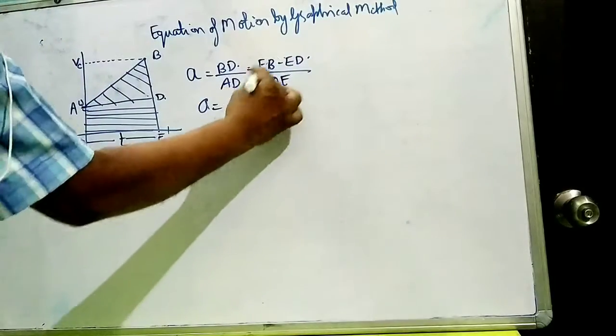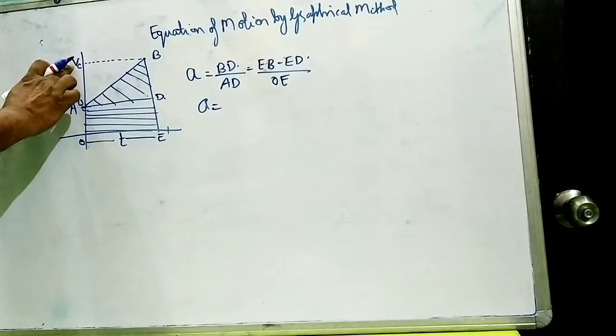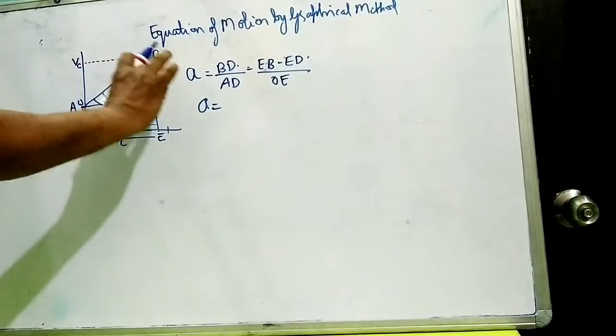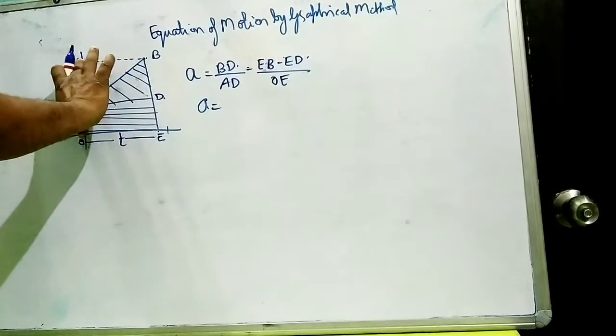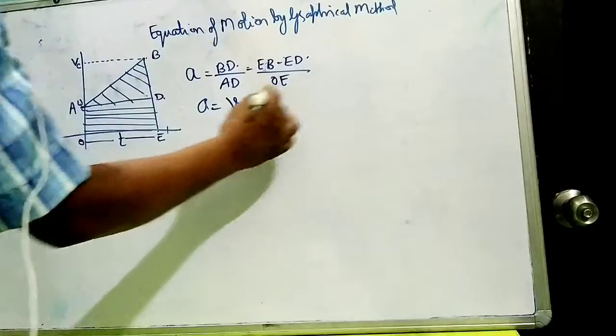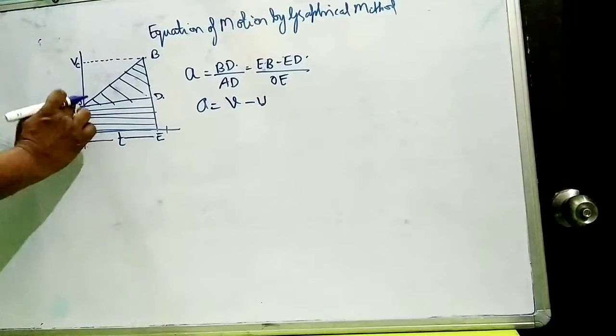So A is equal to, in place of EB, what we can write? V, because it's from here till here, EB is equal to OC. So here we can write V minus ED, which is U, because ED is equal to OA.